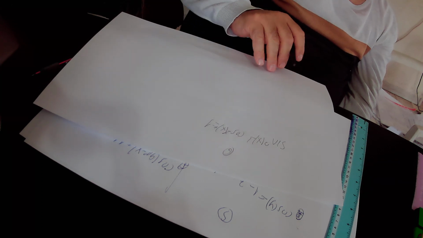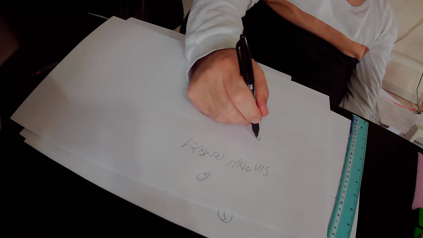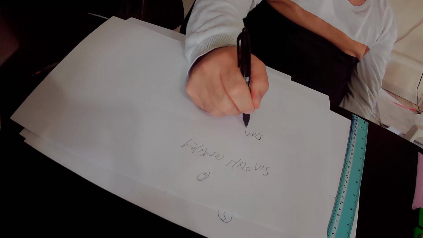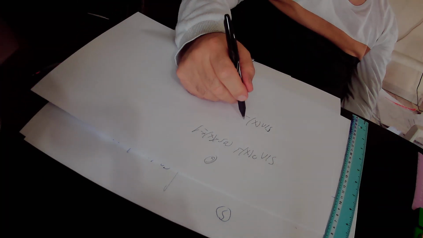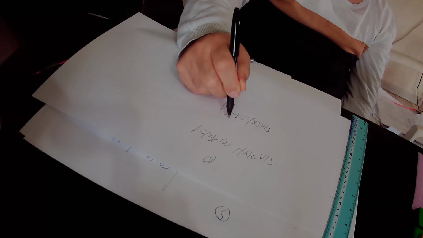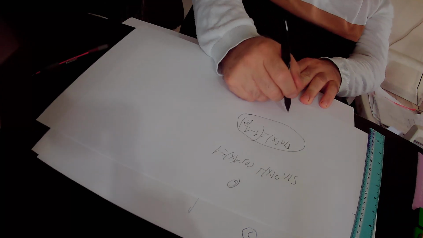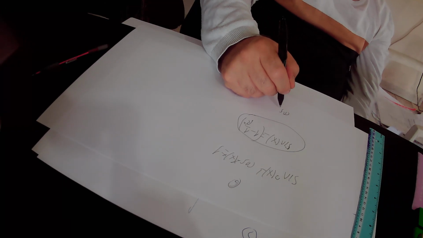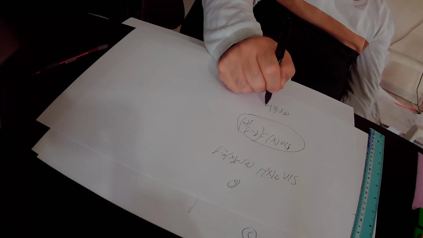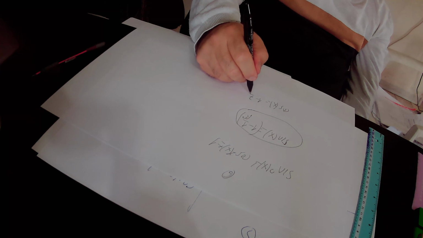We already found out that sine x equals 1 minus 1 over r squared, and cosine x equals 1 minus 2 over r squared.